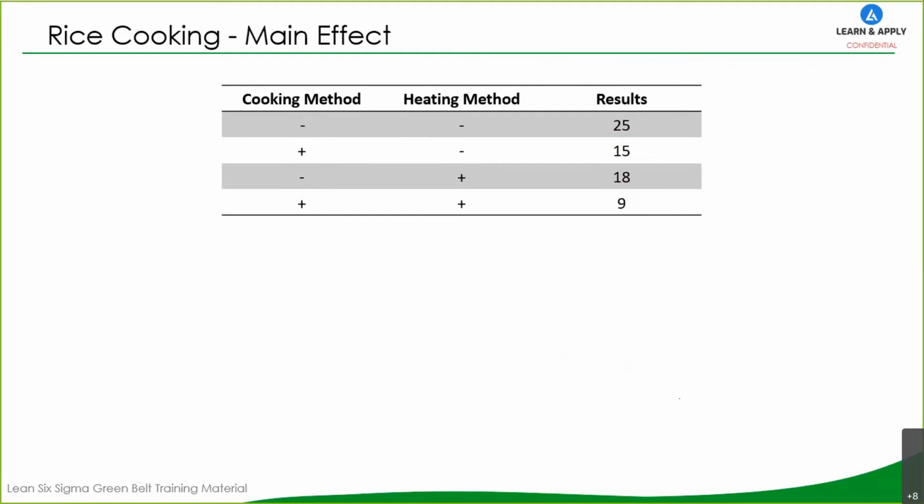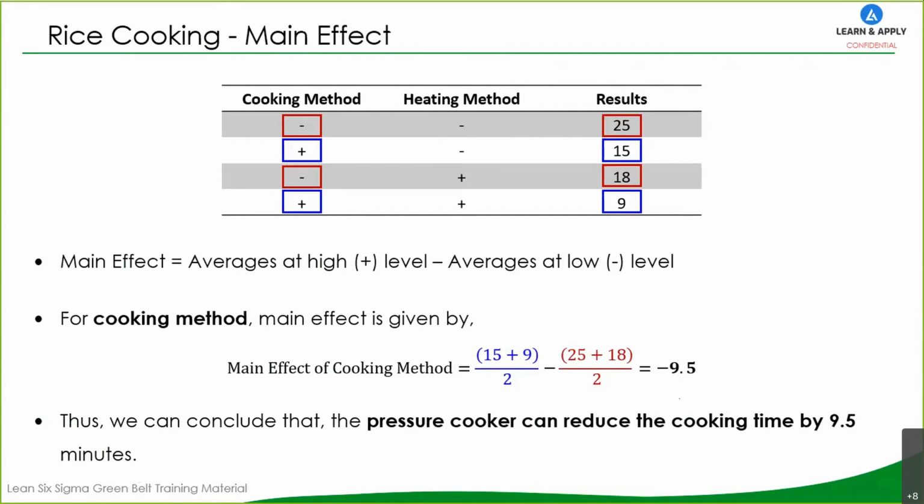Now it's your time to calculate the main effect for heating method. Please tell me what it is. So why are you saying a pressure cooker can reduce by minus 9.5? Why are you not saying about a pan? Because we are considering both the pressure cooker and the pan, in the cooking method.